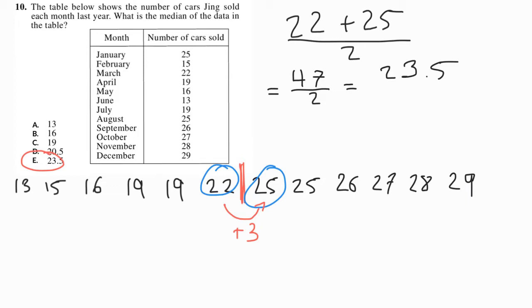Then halfway between 22 and 25 would be 1.5 over. So that would be 22 plus 1.5, 23.5. That would be another way to think about it.